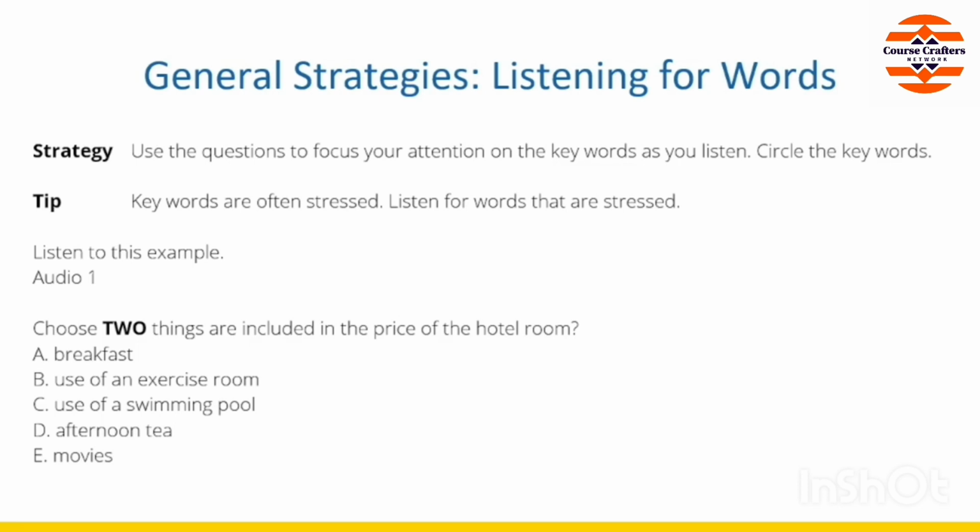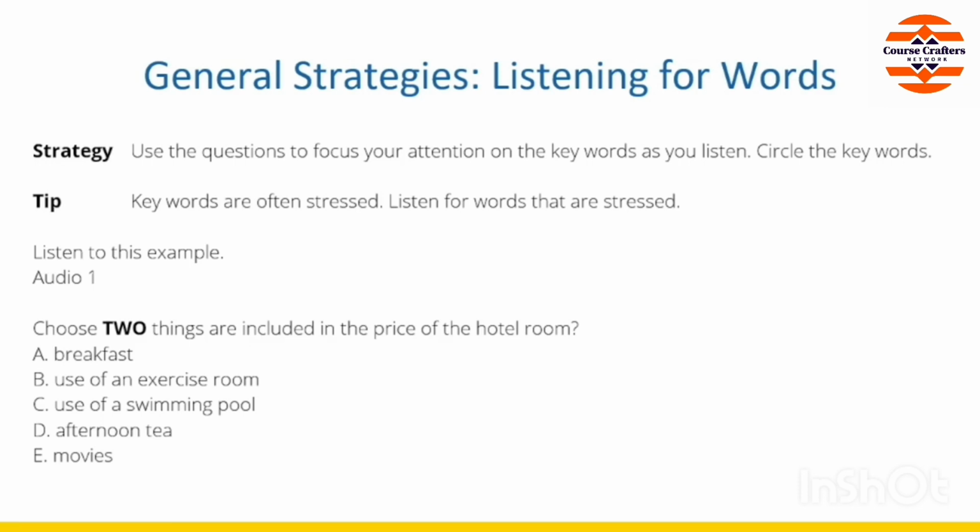So here we have an example about a similar task. Here we have the following question: Choose 2 things that are included in the price of the hotel room. In this case, the word 2 is emphasized. You have 5 different options, A, B, C, D, and E. From these 5 options, you have to pick only 2 things.